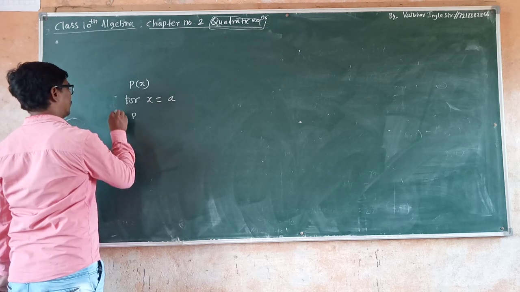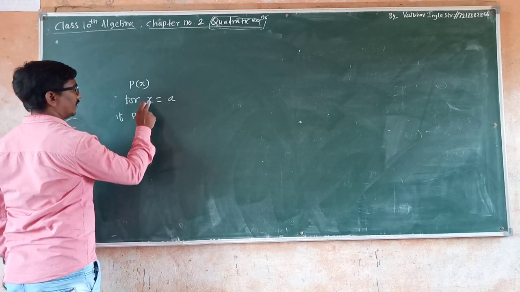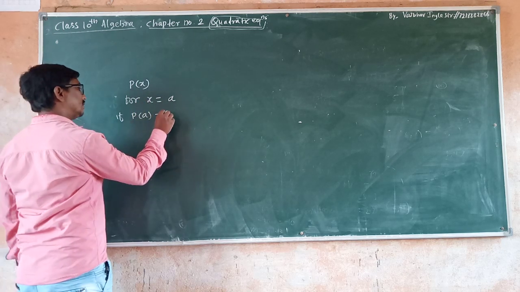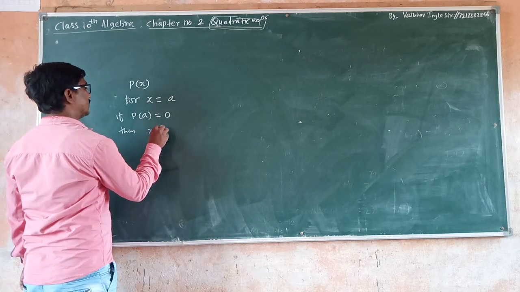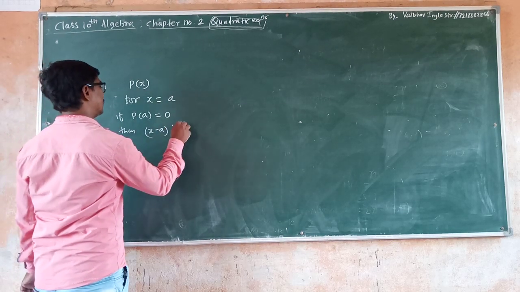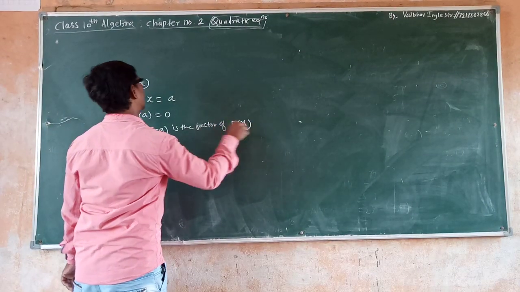the polynomial in x becomes the polynomial in a, and if this comes to 0, then we have said that x minus a is a factor of the polynomial in x.